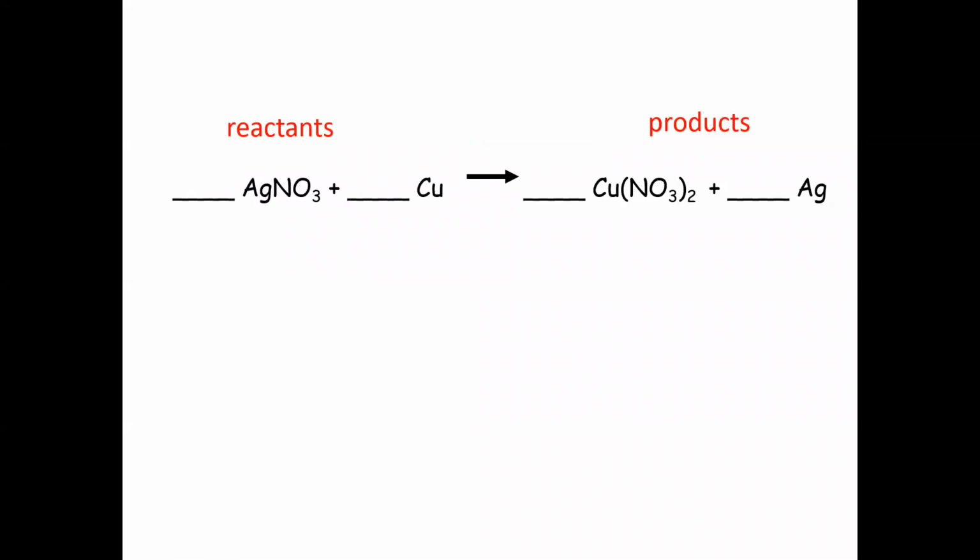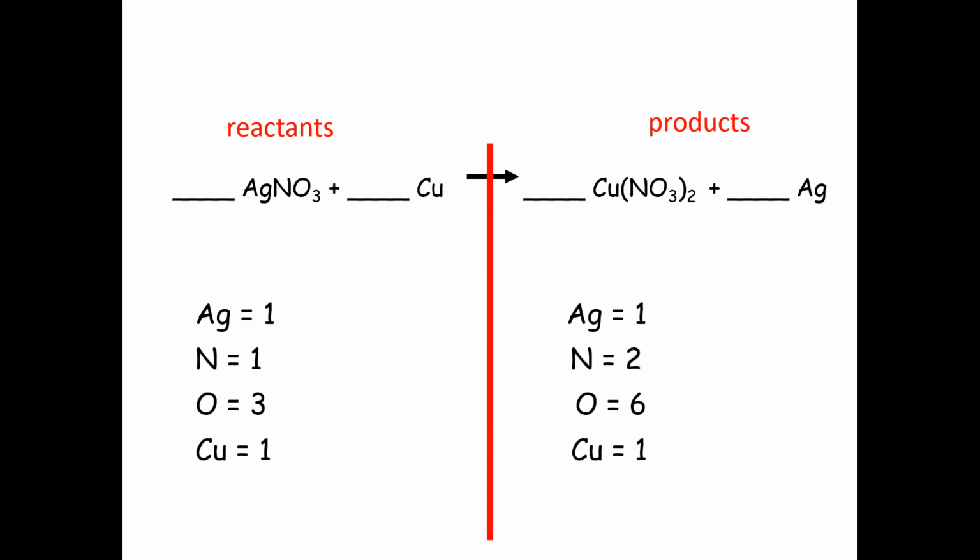Right, the next one. If you've got silver nitrate and copper, you're going to produce copper nitrate and silver. But to balance that equation, again, you would separate your reactants and products. You would write a tally out for all the different atoms.